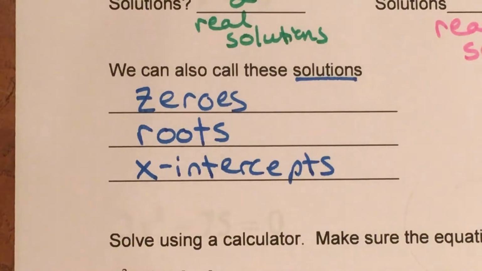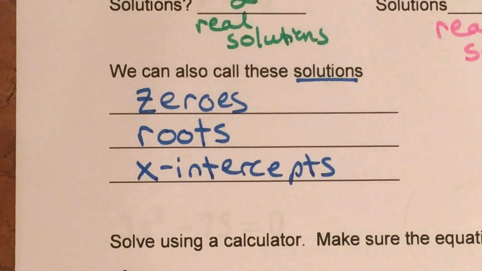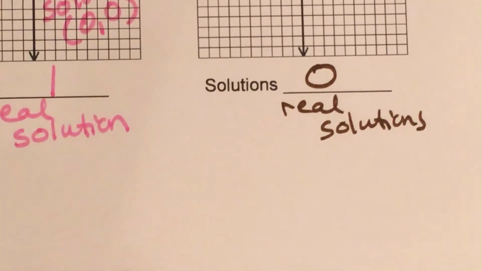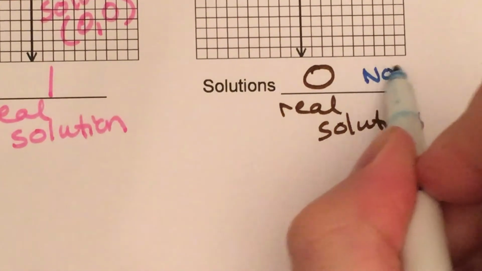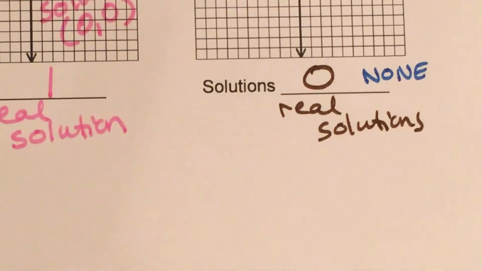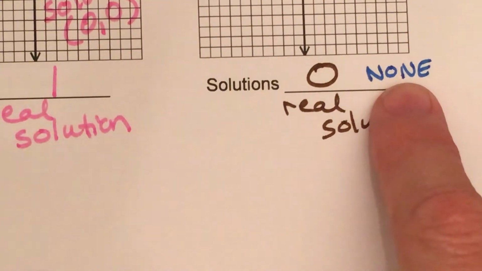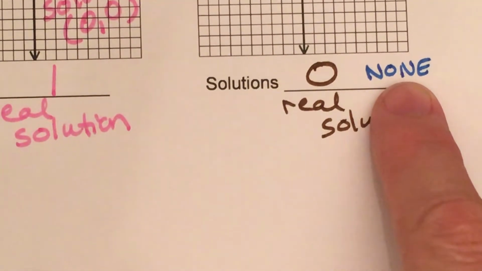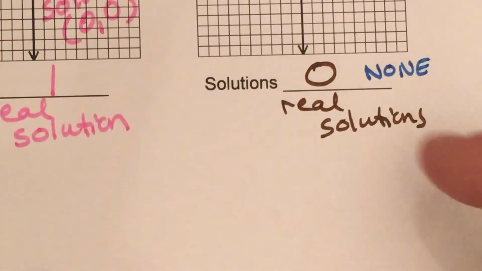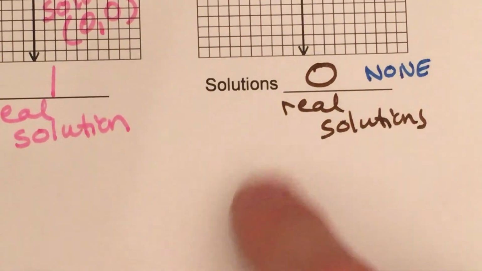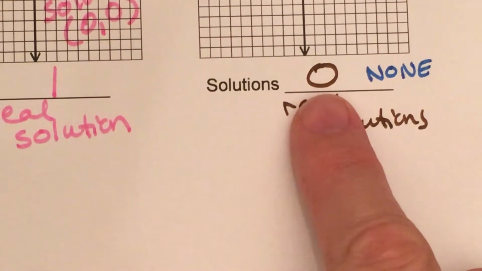And you can also have a variety of what they're called. Incidentally, this might also give you the word none. So if it asks for the number of solutions, you might write the word none. If it says, what is the solution? Writing the word none. The number of solutions could also be the number 0.